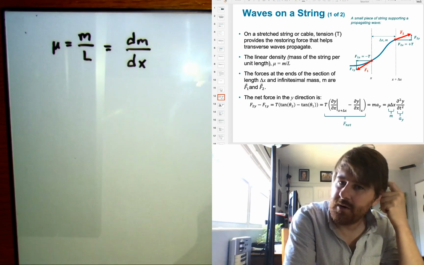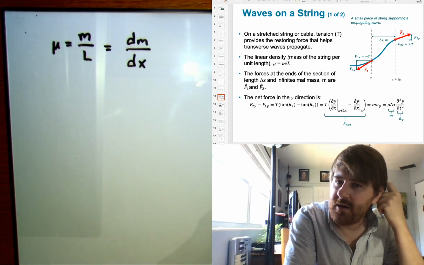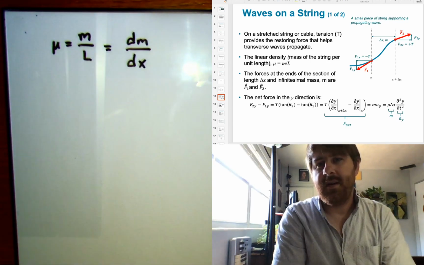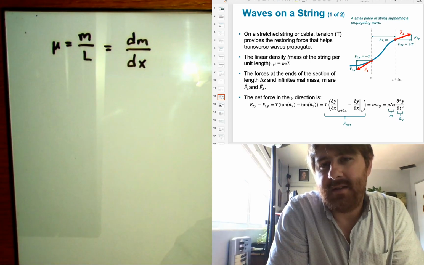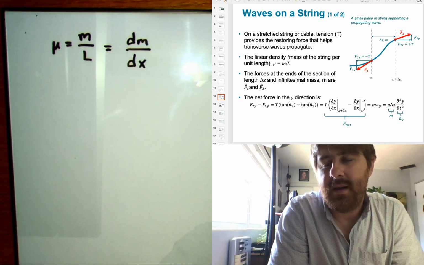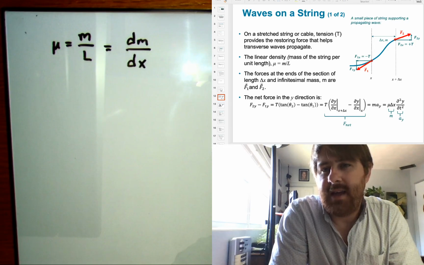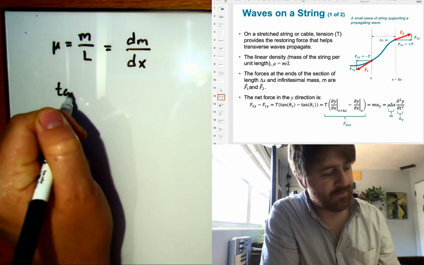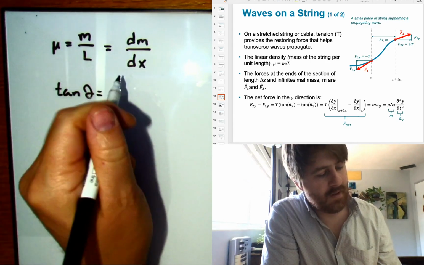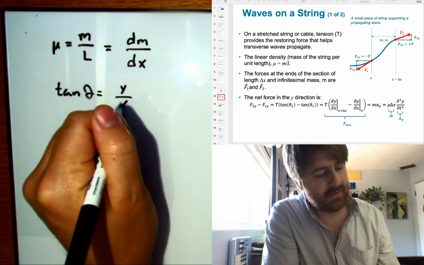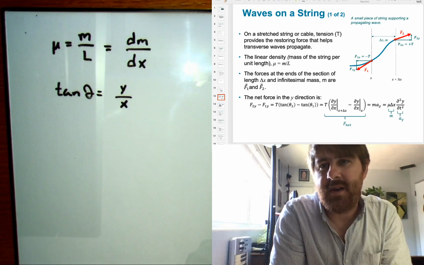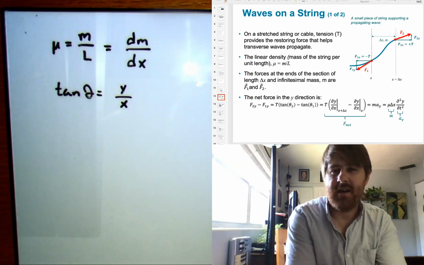Okay, so if we want to know what the y components are, we can use the x component times tangent theta, which gives us the y component, and tangent theta is defined as y over x. It's the opposite side of the triangle divided by the adjacent side of the triangle.